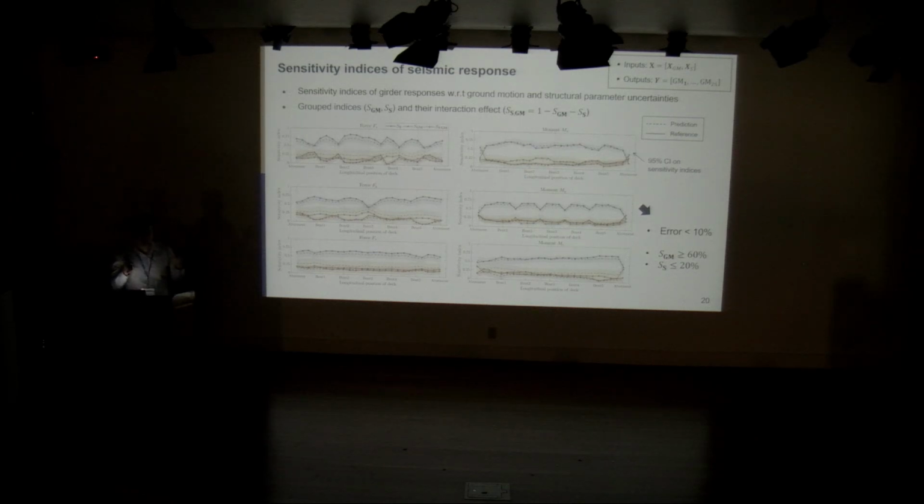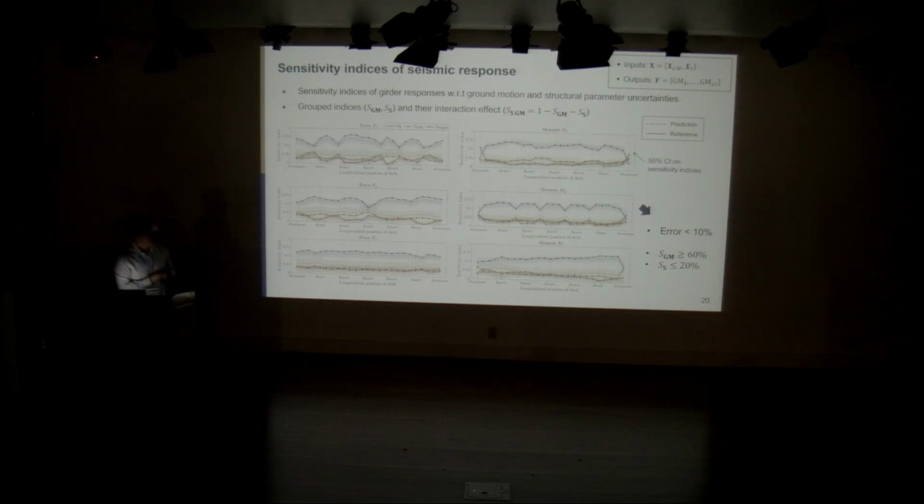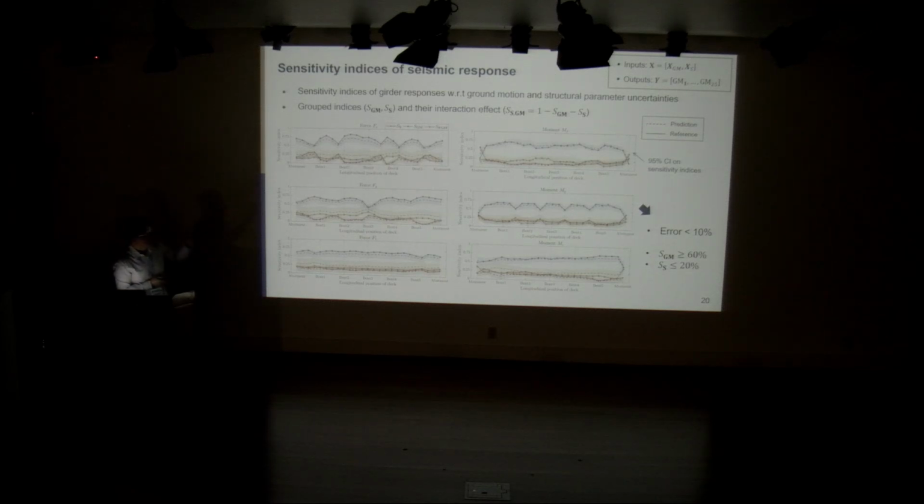The relative contribution of the ground motion is usually larger than 60%, while the structural parameter sensitivity is usually below 20%. The prediction results are represented by the dashed line, and the solid line represents the reference solution, and we can find that the stochastic simulator prediction error is usually below 10% in such cases. And this is the recorded motion case.